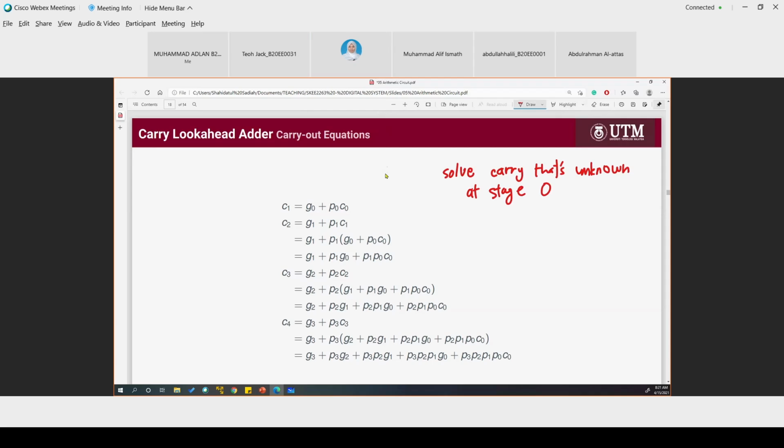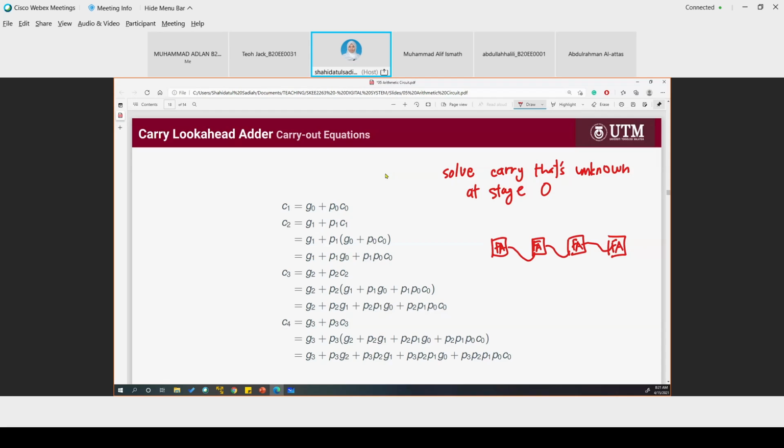Right? Because in the ripple carry adder, the carry is propagated, it ripples to the next full adder like this. So we cannot run the second full adder here before we get the input carry from the previous full adder.